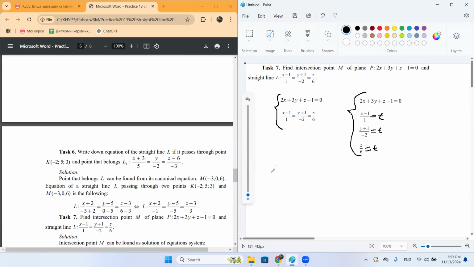So now we resolve these three equations relative to x, y, z, and we will receive t. So, without changes for now, x equals t plus 1, y equals minus 2t minus 1.